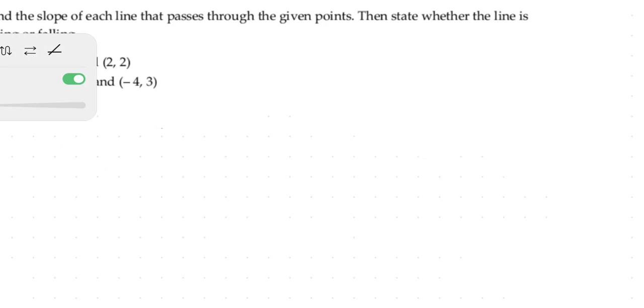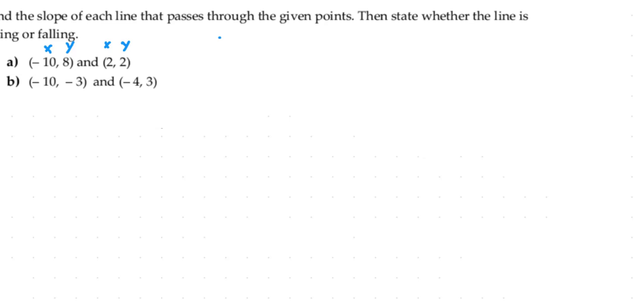So for example, if we look at letter A here, we can think of this as an x and a y. And remember, the definition for slope is y2 minus y1 over x2 minus x1, or change in y.